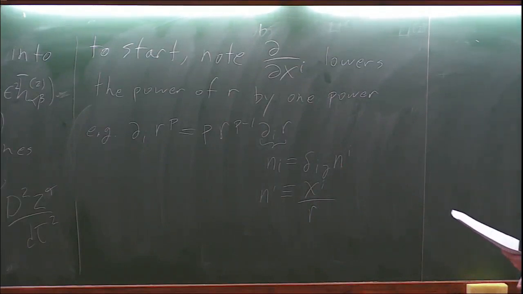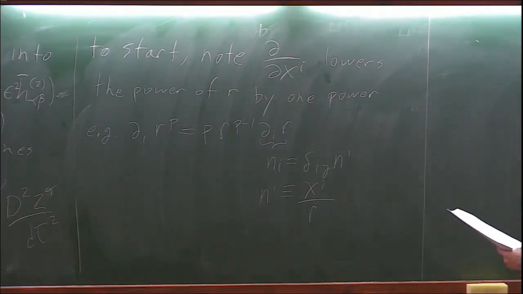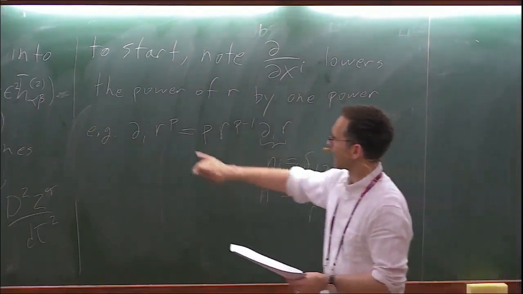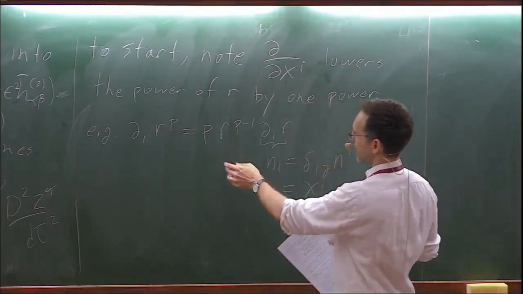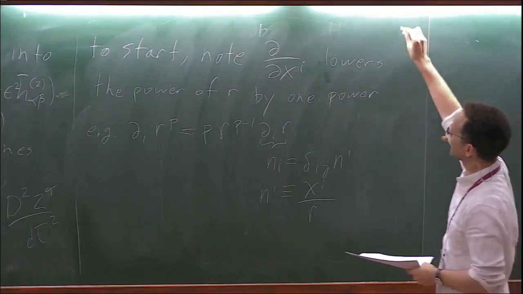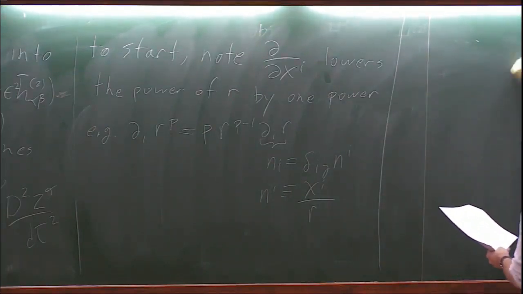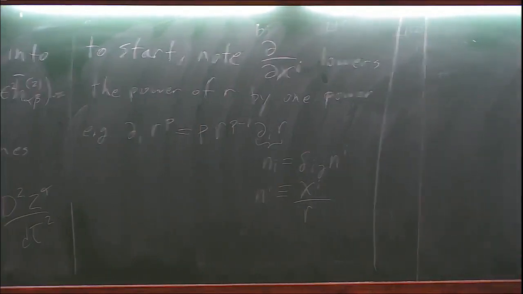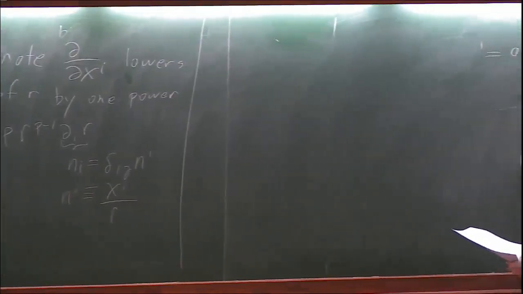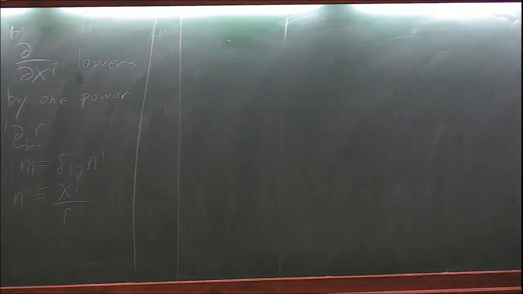And that's a unit vector that points radially outward from the world line. So this derivative has brought the power of r from p down to p minus 1. But time derivatives do not lower the power of r. So if you're looking at small values of r near the world line or near the small object, spatial derivatives dominate over time derivatives.